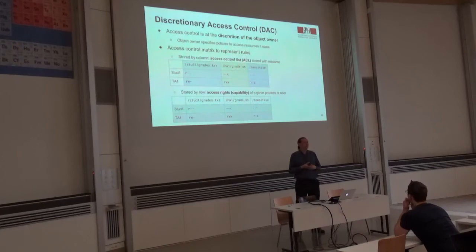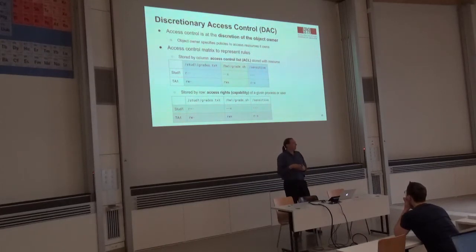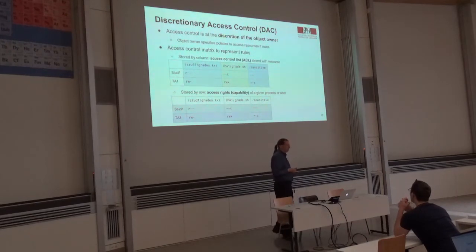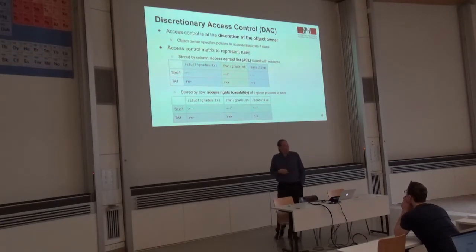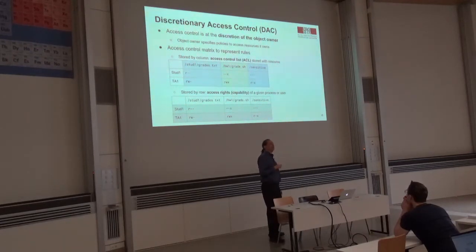That's basically taking a column of information and attaching it to the target object whose permissions we want to control. This tends to be the most common, most familiar way that these kinds of systems work.